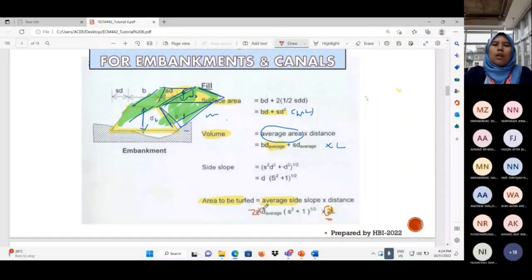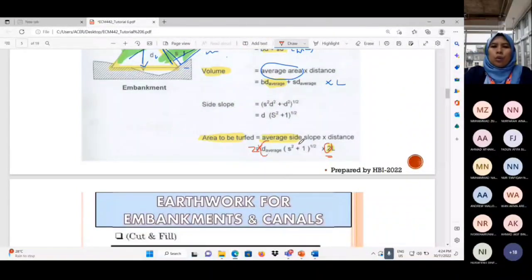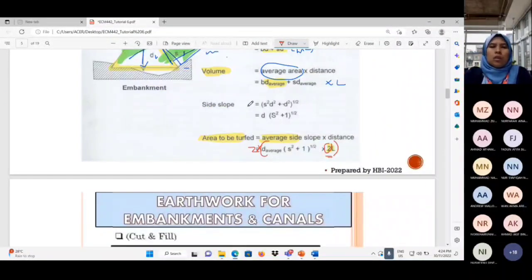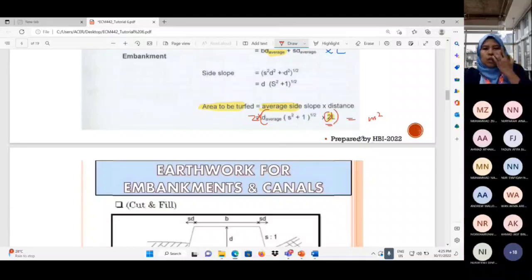It doesn't matter. So this is one slope area multiplied by two sides. Or else one same slope multiplied by two of the same length. The output is the same. What's important is that your unit is correct.